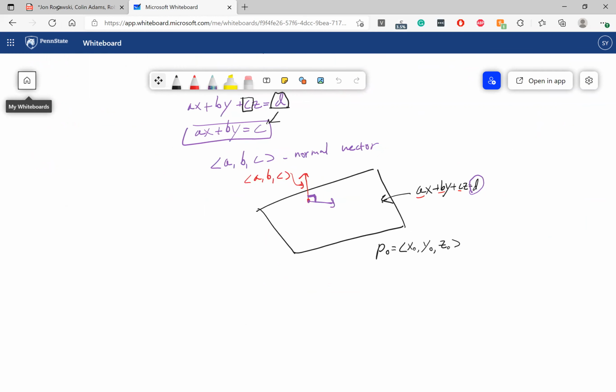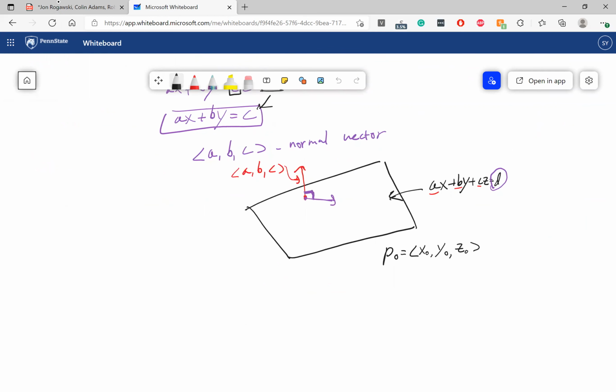So again, if you have your point P, we can imagine P0 is this point right over here. Then now we can find D, and you have your normal vector. So you have these two pieces of information, N, which is A, B, C, and P0, which is x0, y0, z0.